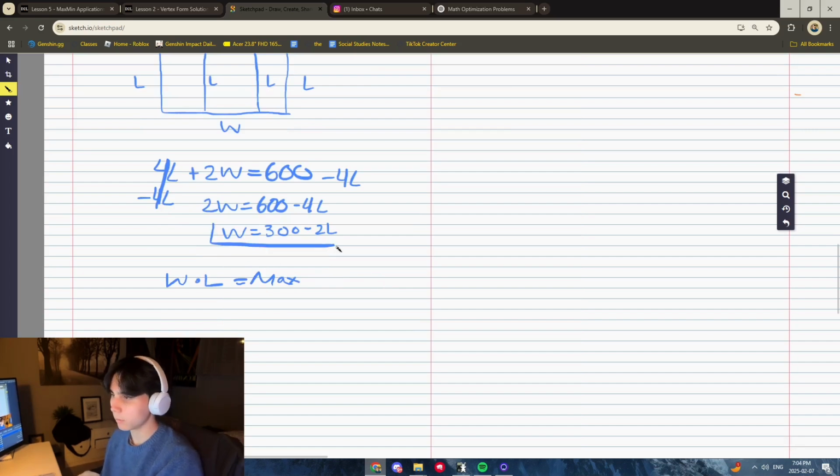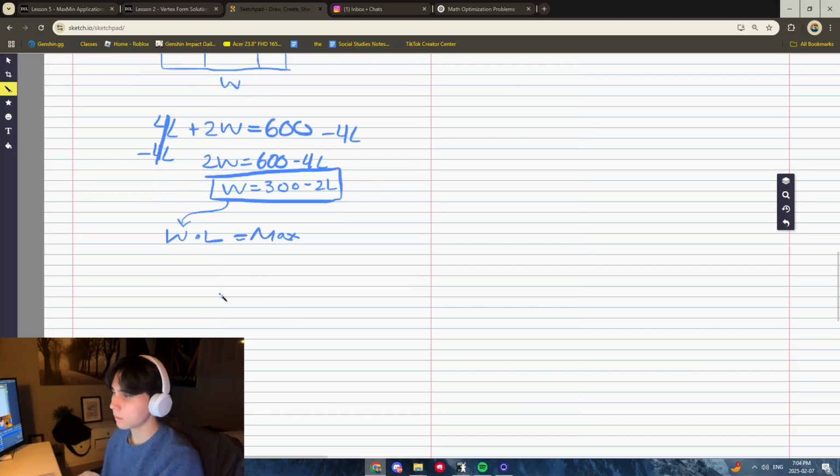as your isolated variable. So now that we have what W is equal to, we have to plug it back into our other equation that has no numbers within it. So in brackets, since you're plugging it in, you have 300 minus 2L times L is equal to max.